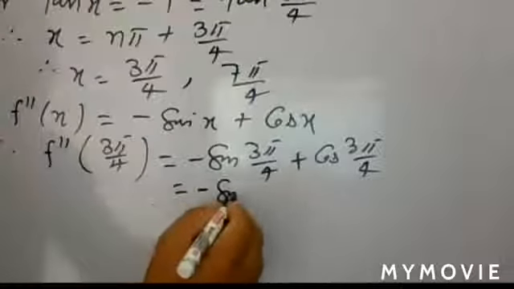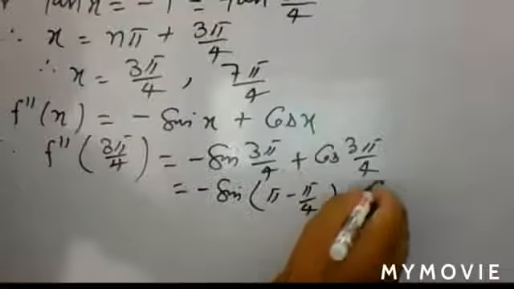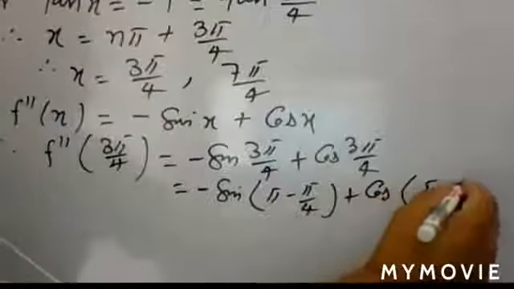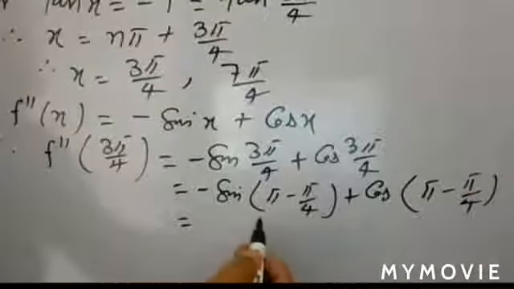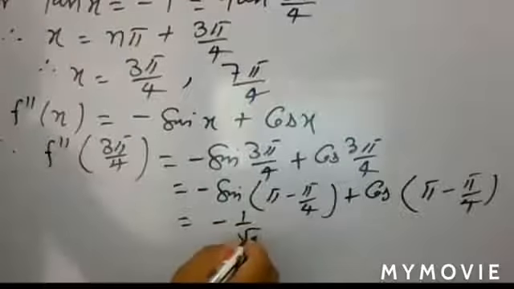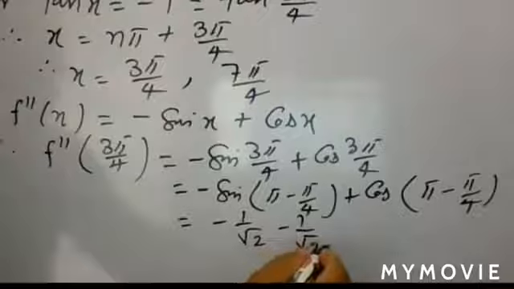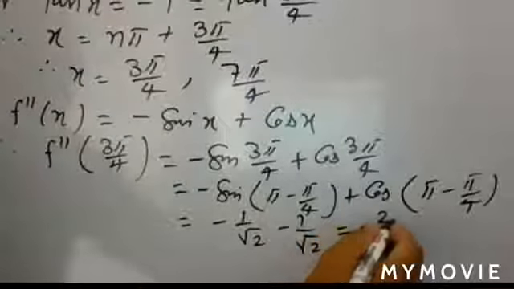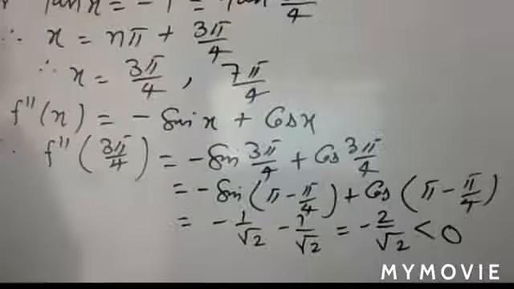So here you have sine of pi minus pi by 4 and plus cos of pi minus pi by 4. You can write it in this way, and sine of pi minus theta is sine theta. So here your value is minus times 1 by root 2, and the cos term is also negative, so you write 1 by root 2. Overall you have minus 2 by root 2, which is less than 0.